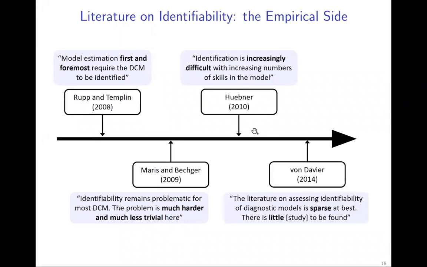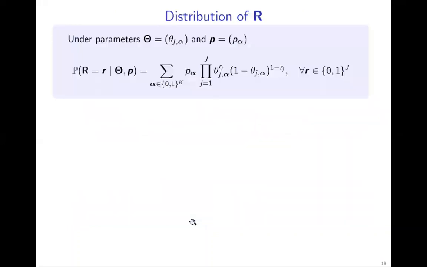We can see that in the past 2 decades, empirical researchers working on psychological and educational measurement have noted the difficulty and the importance of finding out the identifiability. They also noted that identifiability seems to be increasingly difficult with an increasing number of skills in the model and is much harder than for some other models.